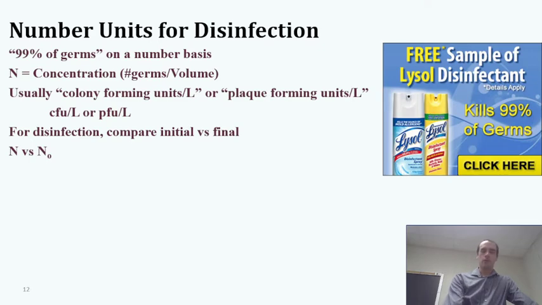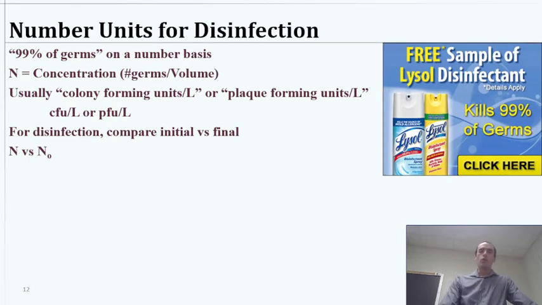Okay. All right, so in terms of number units, we're going to use them a lot for disinfection or other bacterial-related stuff. So number of germs, when we say a disinfection bottle, some Lysol or something, it says kills 99.9% of germs or viruses and bacteria.